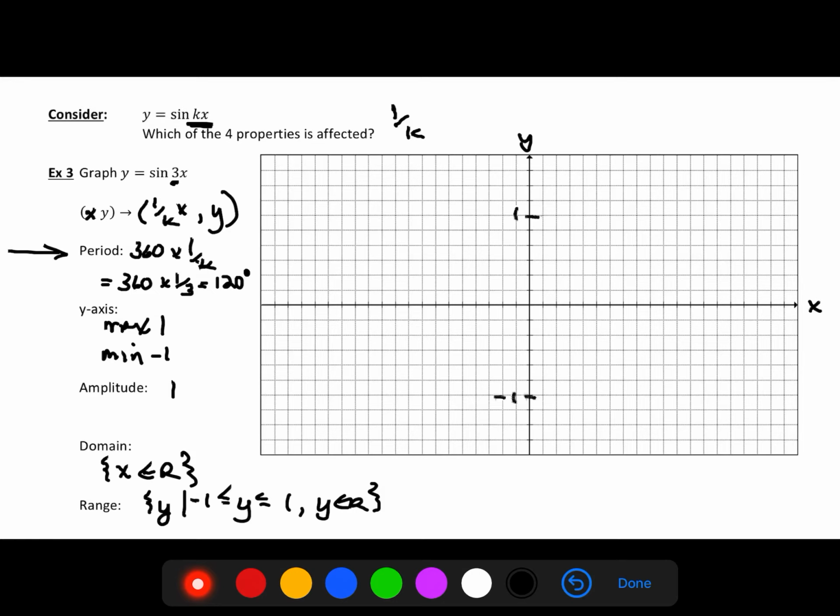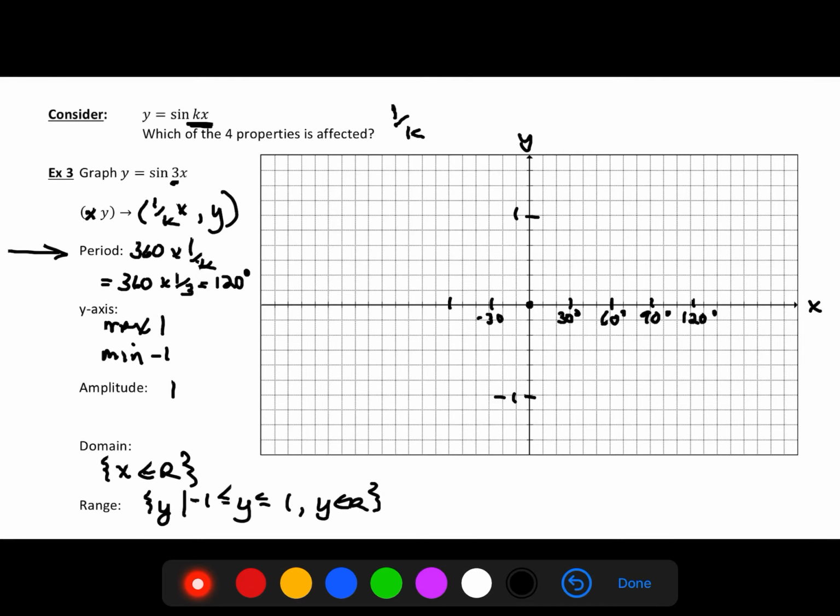Now, we can still graph our cycle starting at 0, 0, and we can still use 3 blocks as our key points, but the value of those blocks is different. So if we want to use our key points, we're going to go through a cycle in 120 degrees. So that means that if we look at splitting that into basically 4 equal sections, like we do 90, 180, 270, 360, we're now going to be talking about 30 degrees, 60 degrees, and 90 degrees.